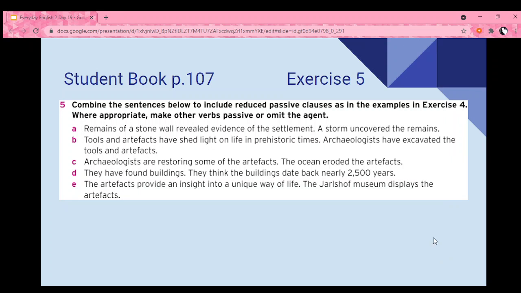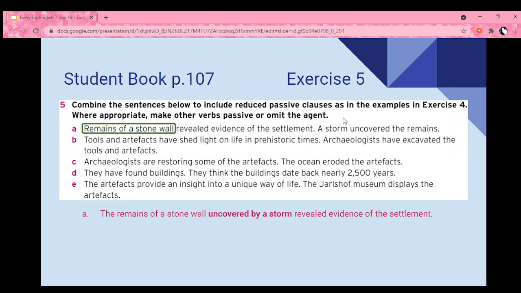Okay, great. So you should have the remains of a stone wall uncovered by a storm revealed evidence of the settlement. So if you noticed, I used my second sentence here in the middle. Why? Because the remains of a stone wall in the second sentence says a storm uncovered the remains. So they are related, right?